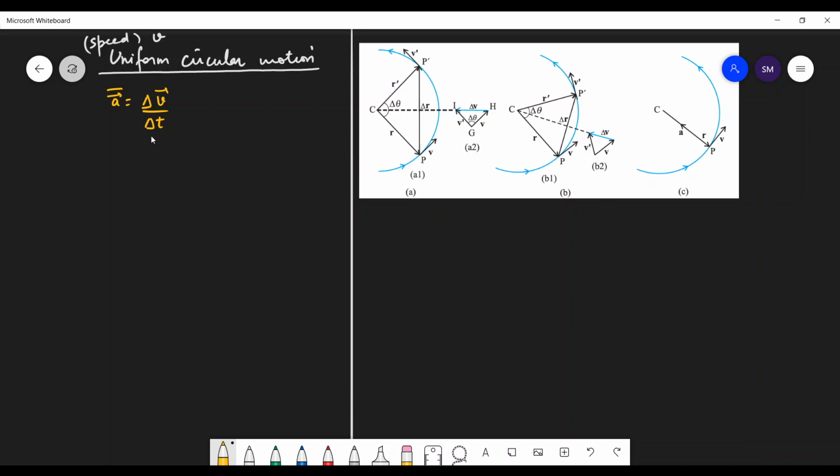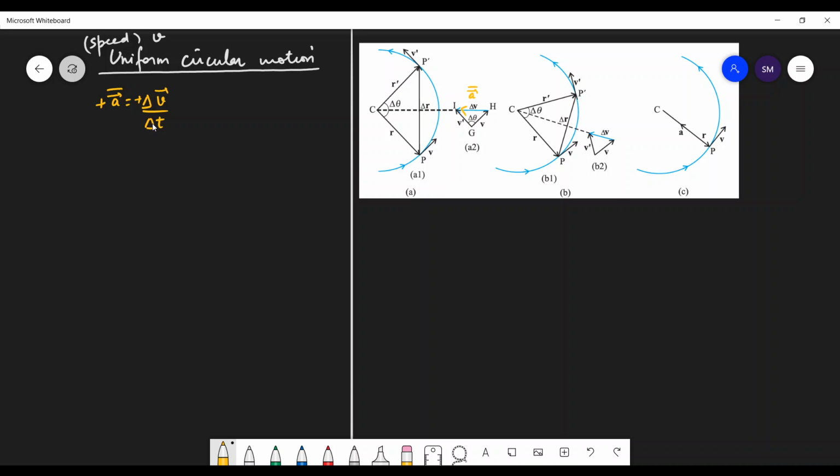So the average acceleration is in the same direction as delta v. If this is the direction of delta v, the same is the direction of average acceleration also, because we have a positive sign here, same sign, same r, so both the vectors are in the same direction.